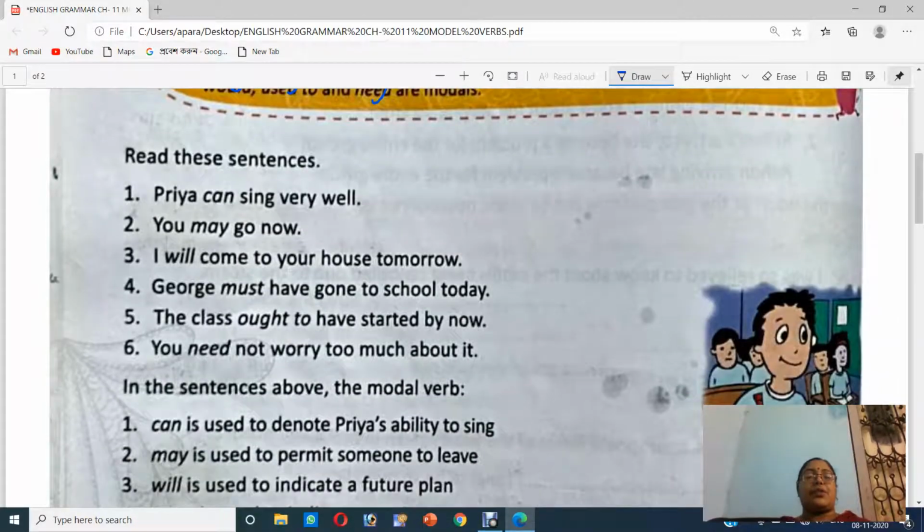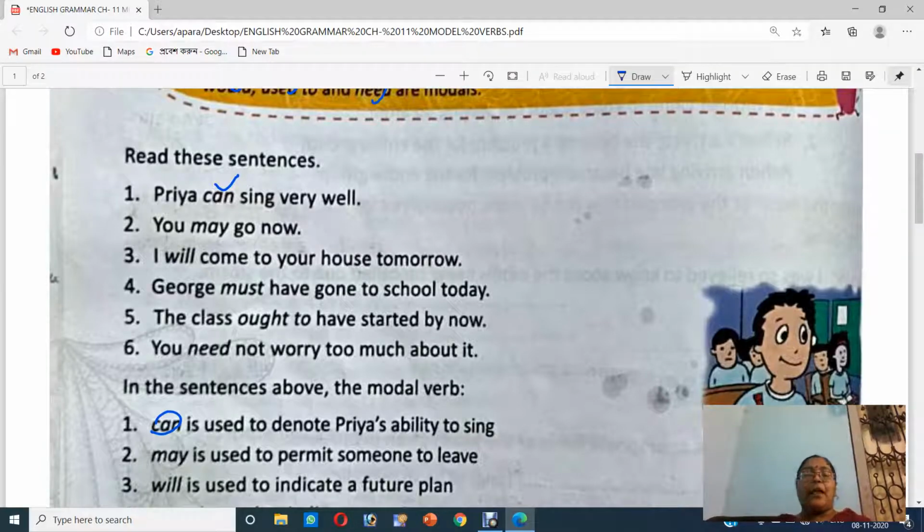Just see here, first of all, read the sentences. Priya can sing very well. Now what is this sentence telling us? The modal verb can is telling us about Priya's ability to sing. It is used to denote Priya's ability to sing.